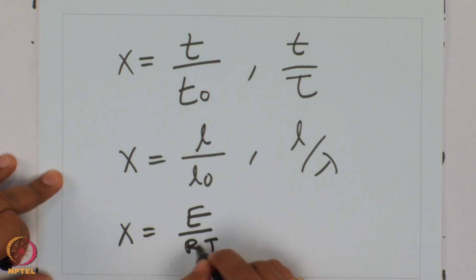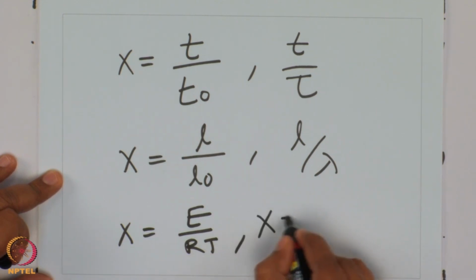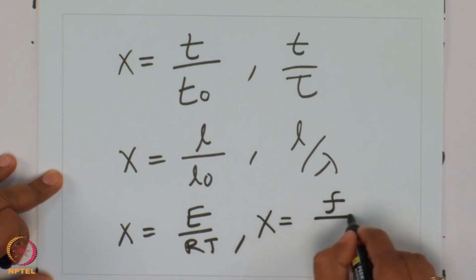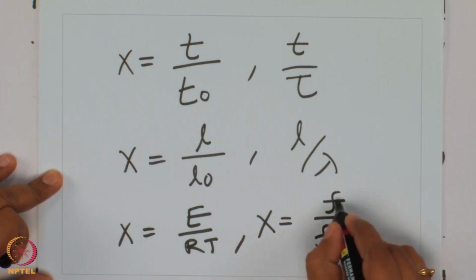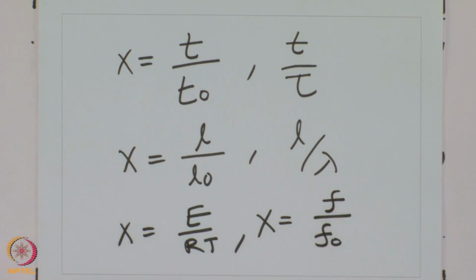RT has a dimension of energy, E also has a dimension of energy. Or it can be written as F by some F naught. This is some force, this is some other force. So a ratio of two quantities which have the same dimension.